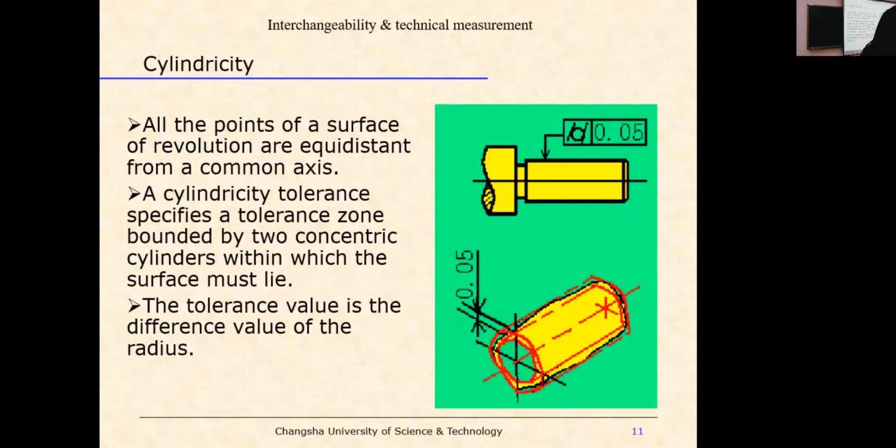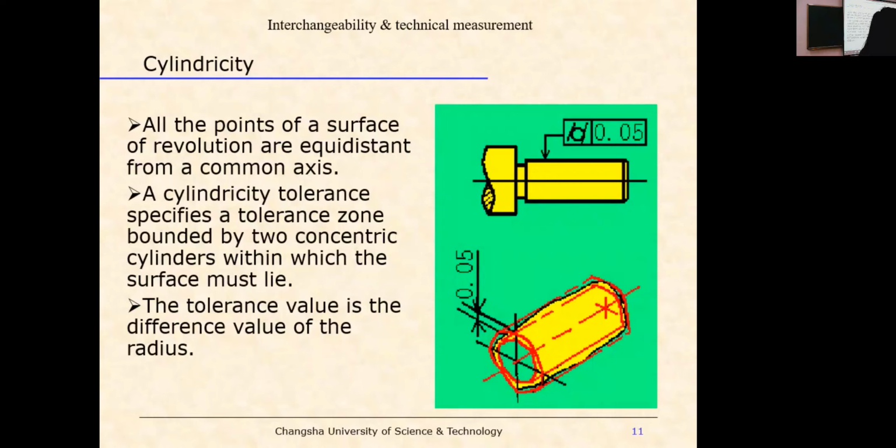Cylindricity. All the points on the surface of the revolution are equidistant from a common axis. So cylindricity is to describe the surface. Right, so the surface. So this tolerance is 0.005, like this one.